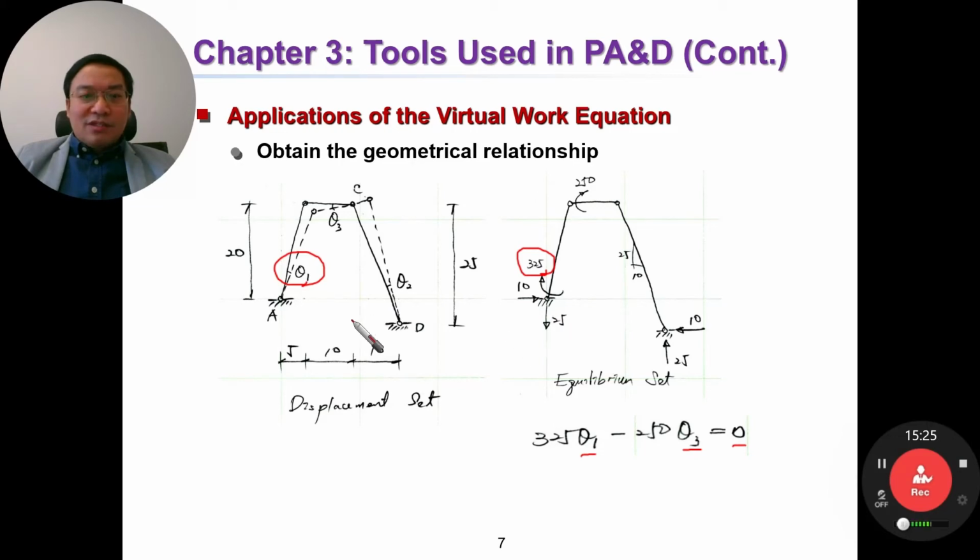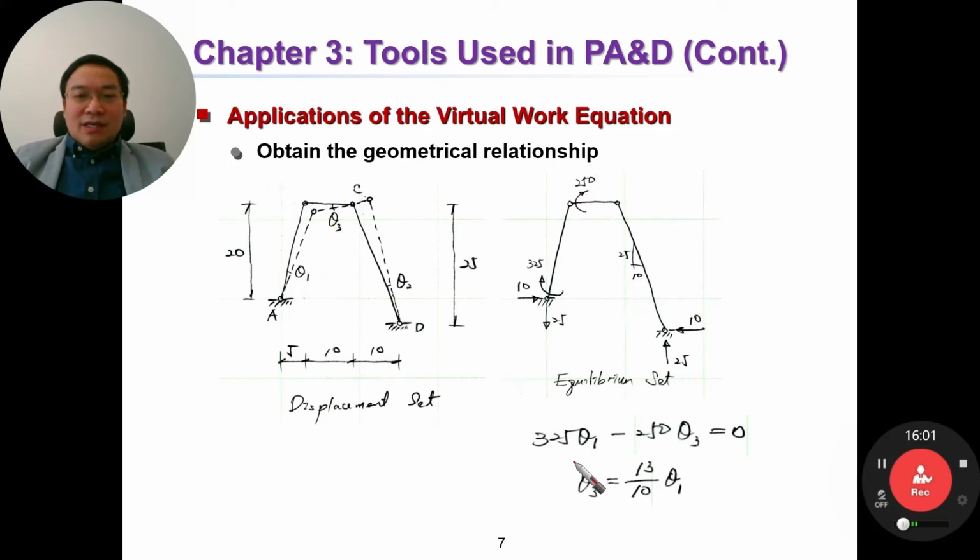So theta 1 multiplied by 325 multiplied by theta 2 here, minus theta 3 multiplied by 250. Then considering the sign convention, we have minus here. You have to check the sign convention by yourself.